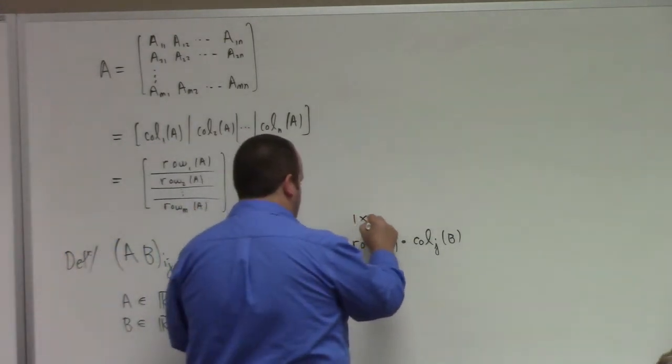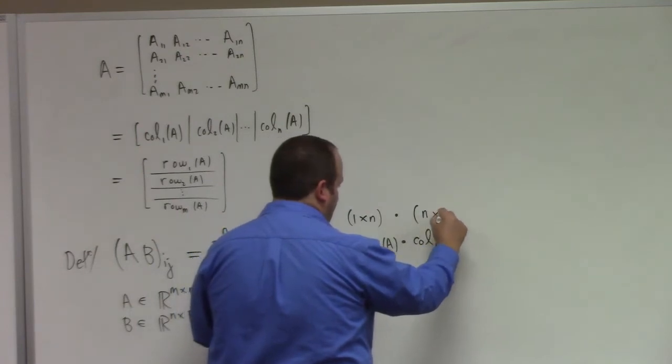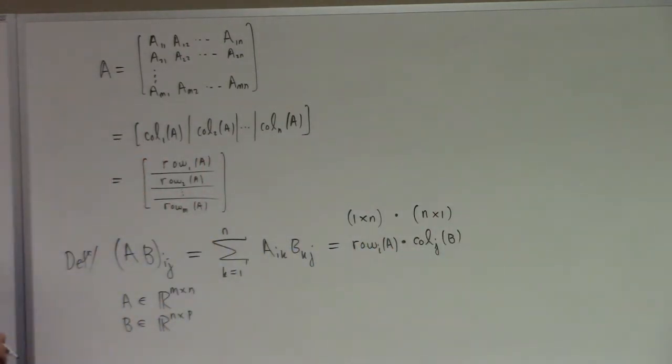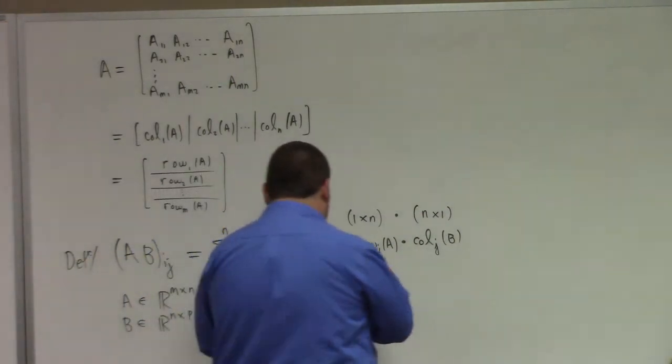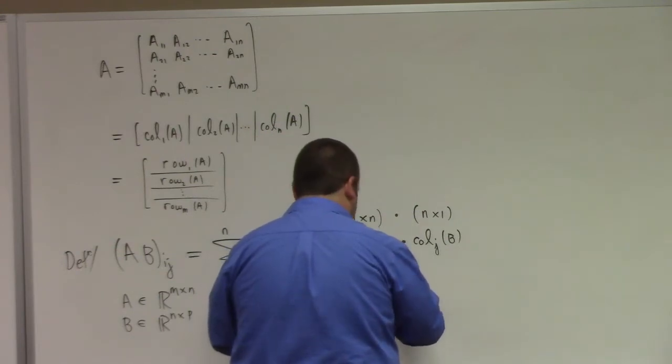This is a 1 by n, and we're taking the dot product with a what? An n by 1, right? The jth column is an n by 1 matrix. The jth column of B is n by 1. Right, if we wanted to be, so which one should I transpose?